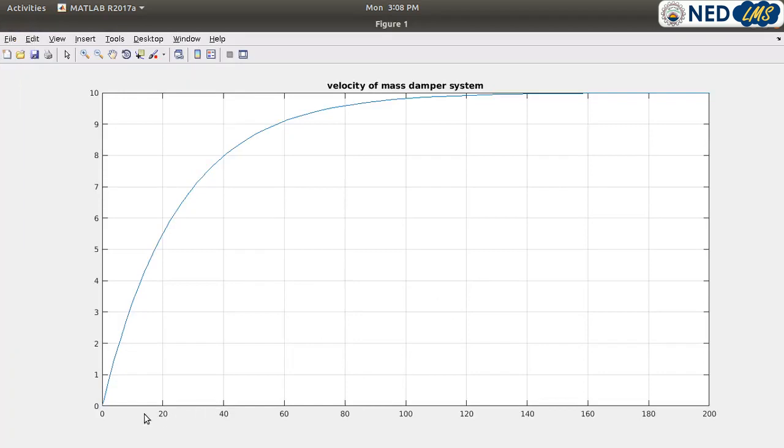Here you can see the system is first order, so there are no oscillations. You can change the values of m and b to check; the system only changes its speed, and the nature of the plot always remains the same, which is exponential.